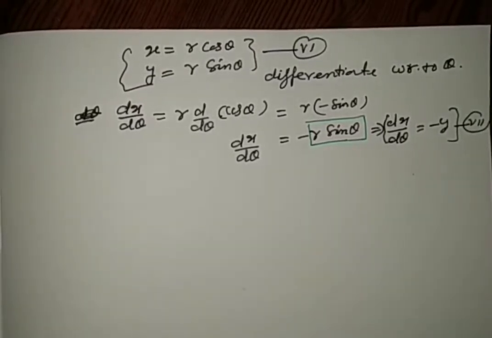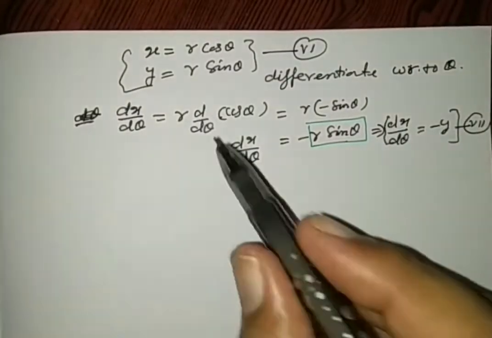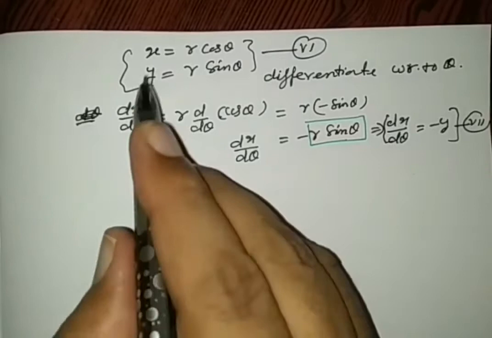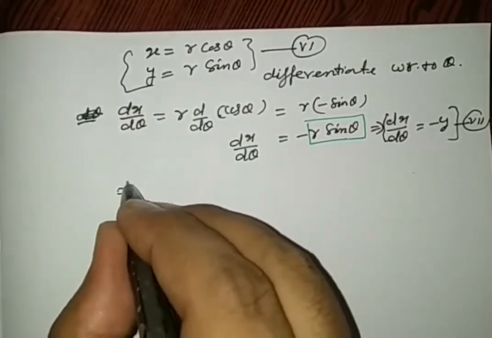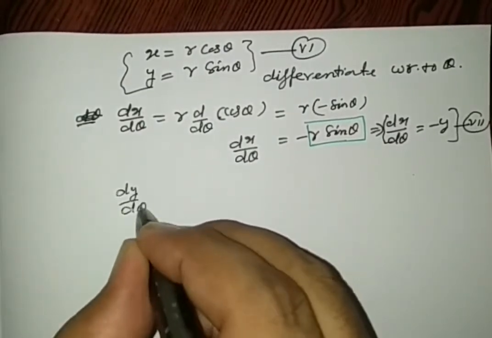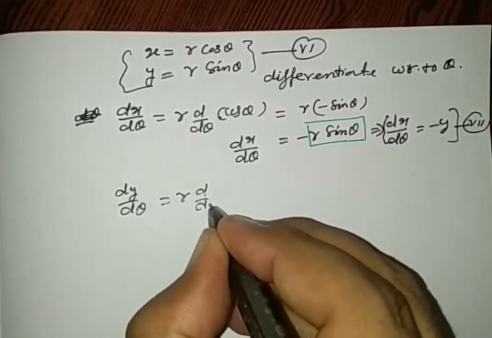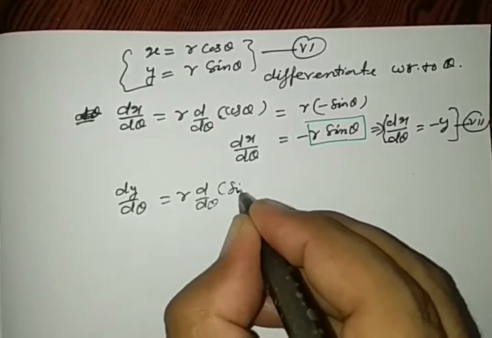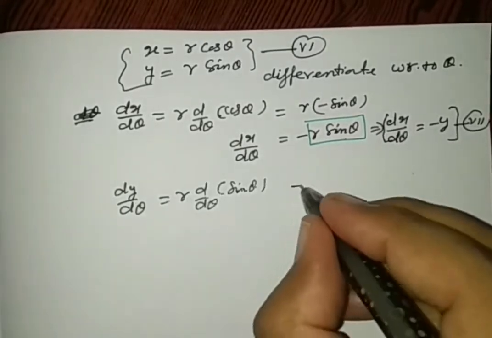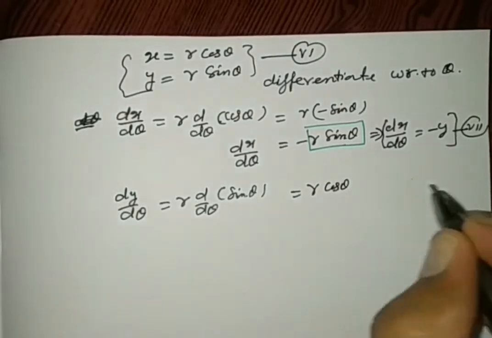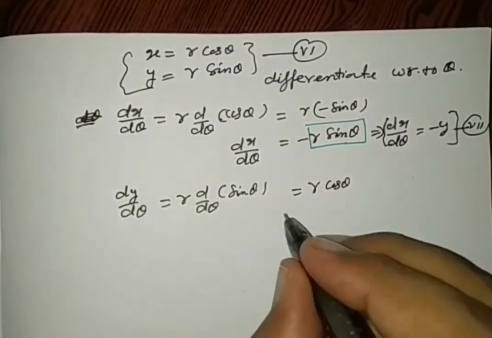Now again we are going to differentiate the second equation. So dy by d theta can be written as r d by d theta of sin theta. We know the differential of sin theta is cos theta.